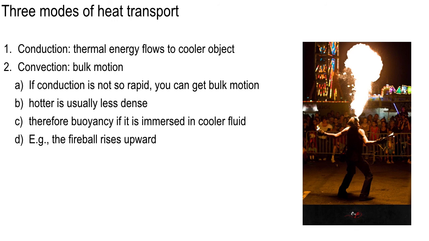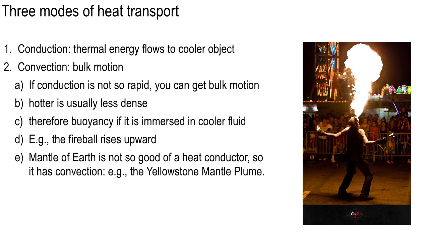Convection. The surface of the sun is loaded with convection cells that are ginormous, many hundreds of miles across. Sun is big, and the convection cells are ginormous. But it's just like a boiling pot of water. You can see convection when the water's boiling, if it's an open pot. The same thing here. Something I mentioned last time, the Yellowstone mantle plume. Yeah, rocks don't conduct heat very well.